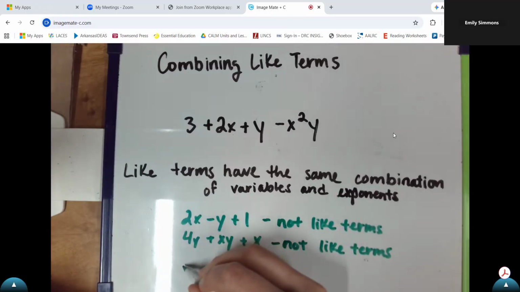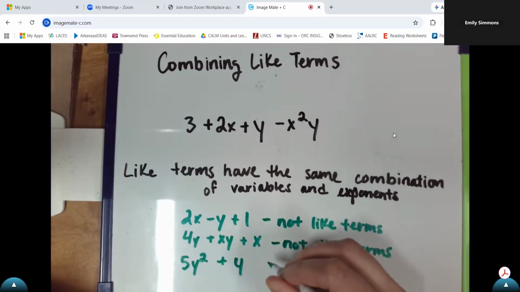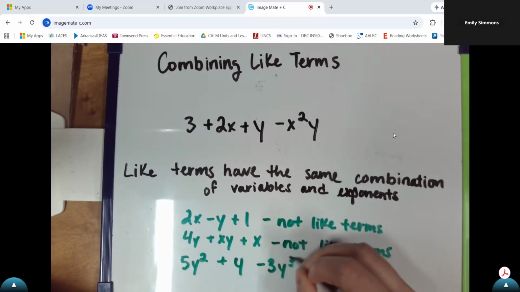Then my last group to show y'all is 5y squared plus y minus 3y cubed. Now all three of these do have a y, but my exponents are different.